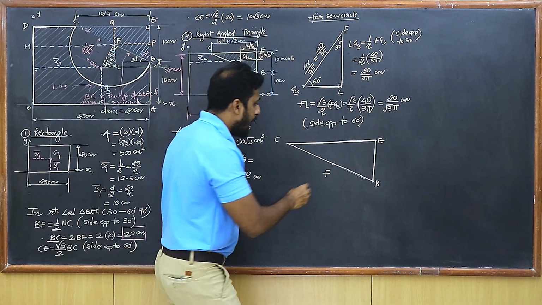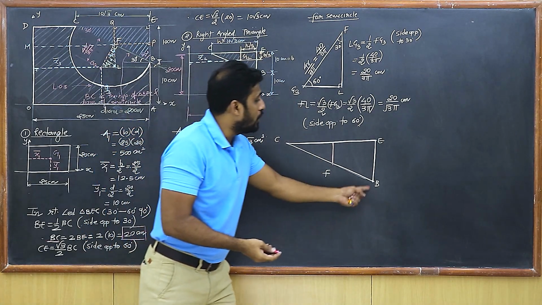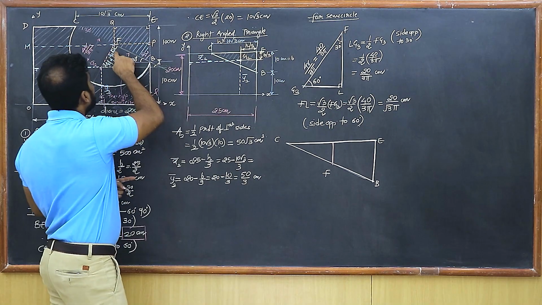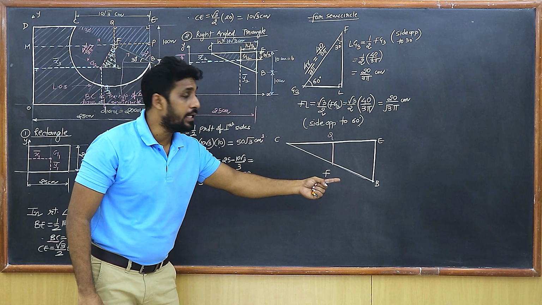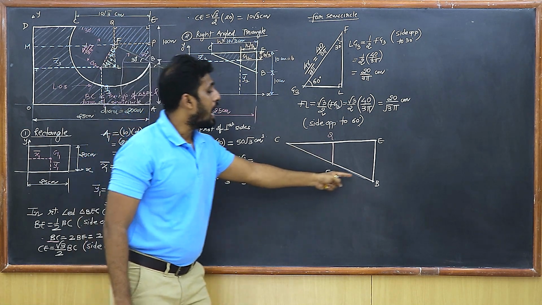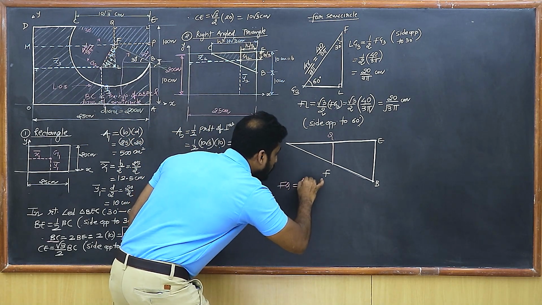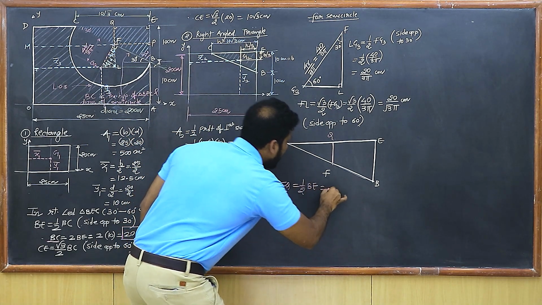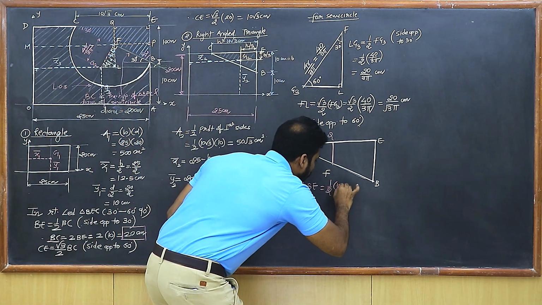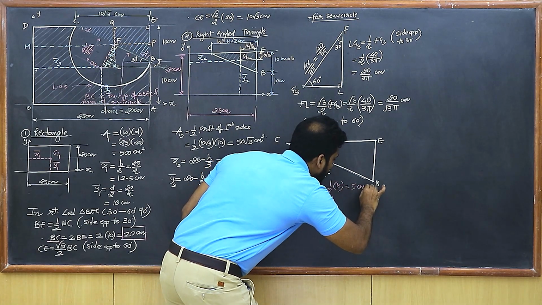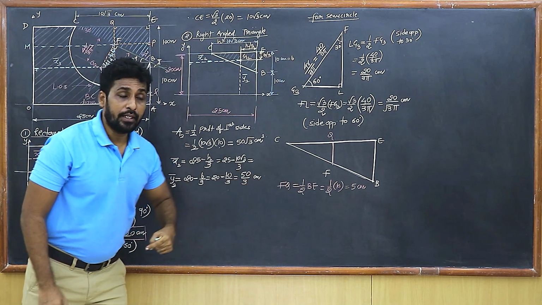From this F, I have drawn a line perpendicular on side EC. So it is definitely parallel to BE. This is named FQ. So FQ is parallel to BE. Shouldn't FQ be half of BE by the midpoint theorem? So FQ is going to be half of BE. What is the length of BE that you know? It is 10 centimeters. So half of 10 centimeters comes to 5 centimeters. So students, I've got FQ. It has come 5 centimeters.